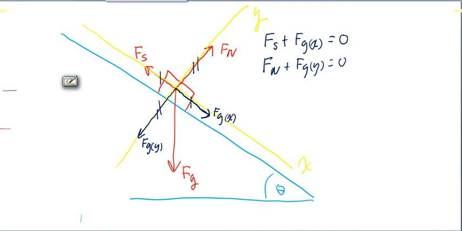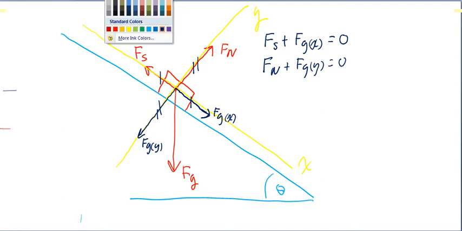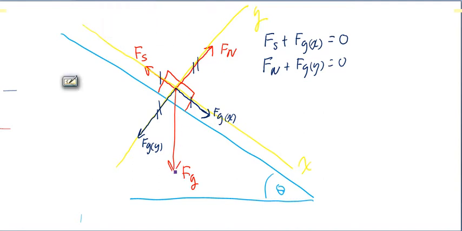My next step is to make a triangle that I can use to do trigonometry, and I'm going to draw the triangle like so. So there is my triangle, and the right angle is as such, and the triangle needs to have a hypotenuse, and so the hypotenuse is force gravity. That means the adjacent side will be force gravity in the y direction, and the opposite side will be force gravity in the x direction.